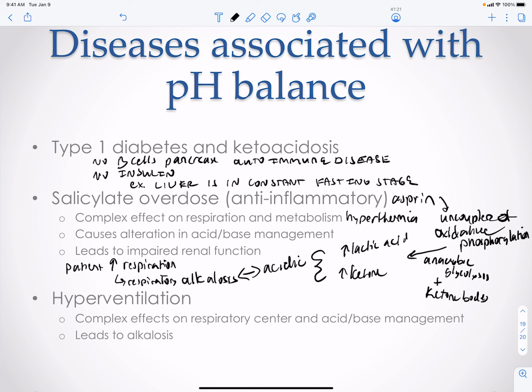So you have an acidic blood and alkaline respiratory situation. And so you're going to have major changes in your acid-base management within the patient. And of course, hyperventilation is going to lead to alkalosis. And again, it has a similar acid-base management impact.